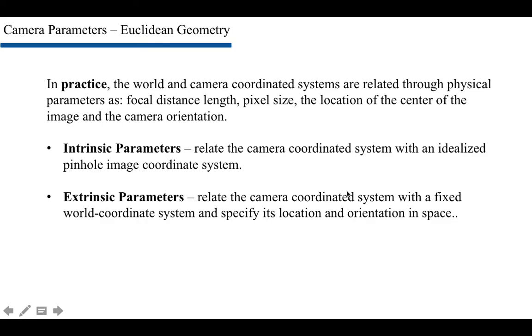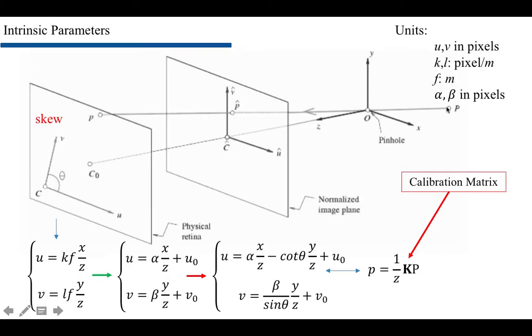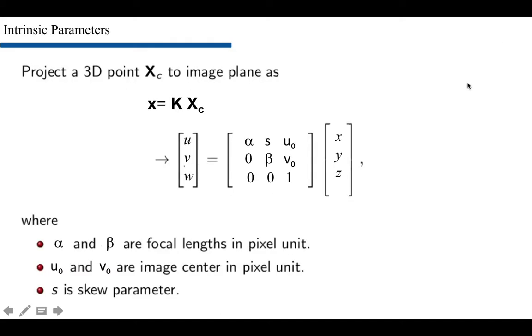Most of the time this is not the case, because sometimes there's a world coordinate system. But let's go back and talk about each one of them. This is already familiar to us. We have talked about this matrix, but without giving it a specific name. Now let's give it a name: intrinsic parameters. Basically, the intrinsic parameters project a 3D point x, y, z in the camera coordinate frame into the image plane.